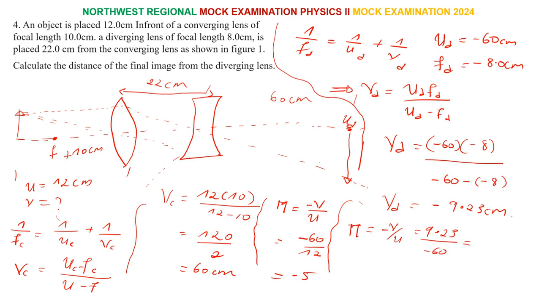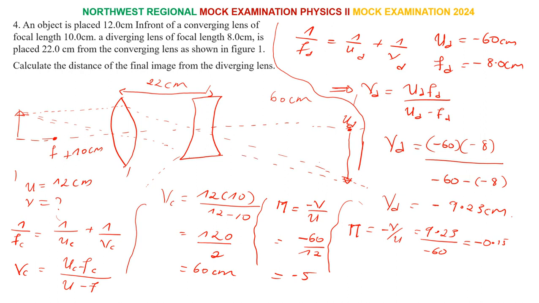That will be this divided by 60, which gives approximately negative 0.15. So that's the magnification for the diverging lens. We see that the magnification is still negative, and the image is actually diminished since the magnification is less than 1.